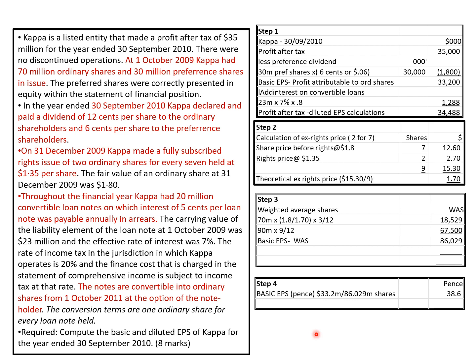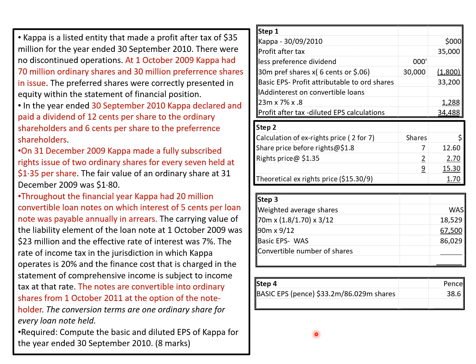So the profit after tax for the diluted EPS calculation is 34,488,000. Step 2 is not necessary to work out, as it has already been worked out, which is the theoretical ex-rights price, and it relates to calculating the weighted average shares. And now we go to step 3, where again we've already worked out the weighted average shares before the conversion of convertible loan notes, which was 86,029,000.